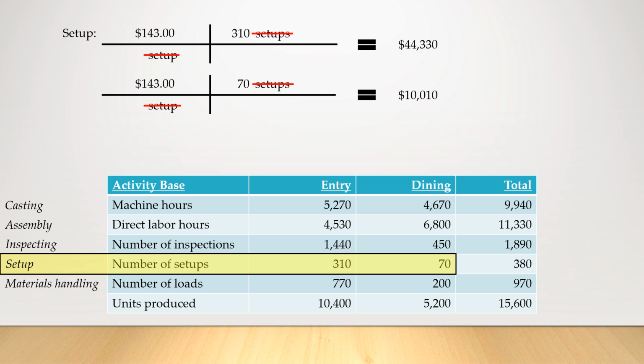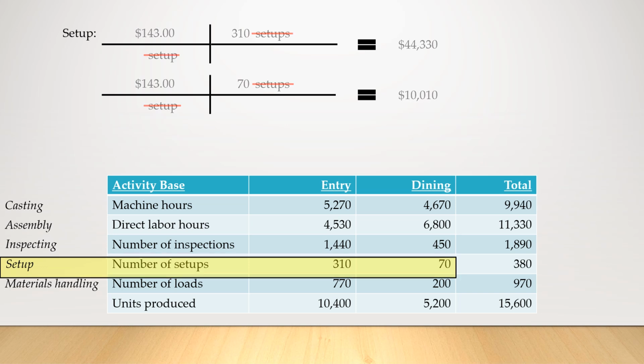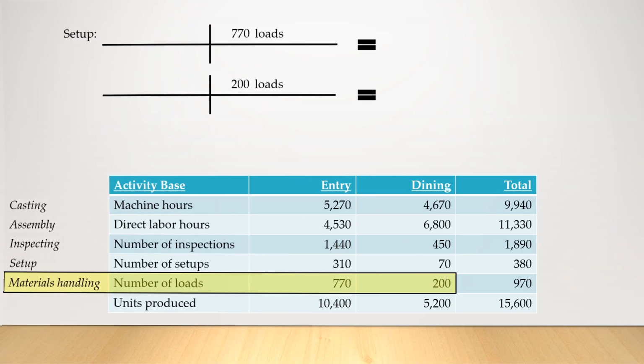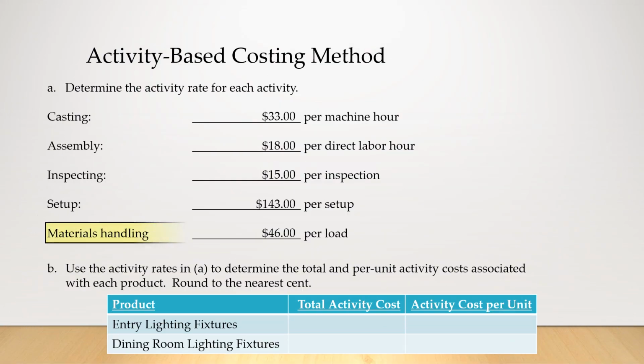Finally, we look at materials handling. Entryway fixtures have 770 loads of materials, while dining room fixtures have 200 loads. The materials handling cost allocation rate is $46 per load.